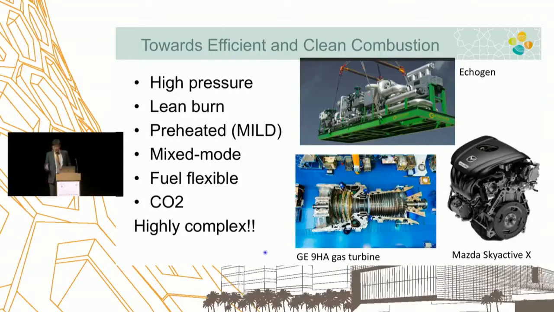People still try to push the combustion devices. I'm showing a few photos from an online search. We want to improve combustion systems in terms of efficiency and emission performance, and we already have some good ideas about how to achieve that. Some of the keywords include high pressure and lean burn, which is often combined with the mild combustion that Professor Maruta talked about.